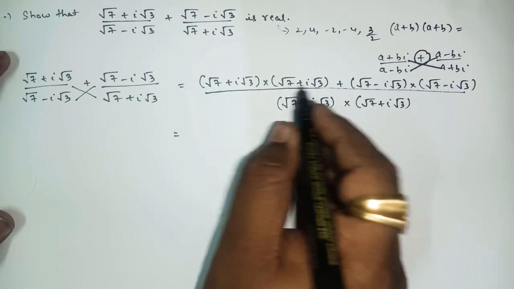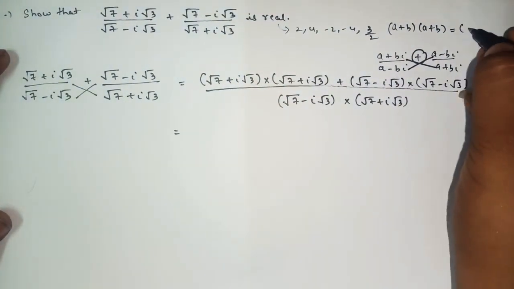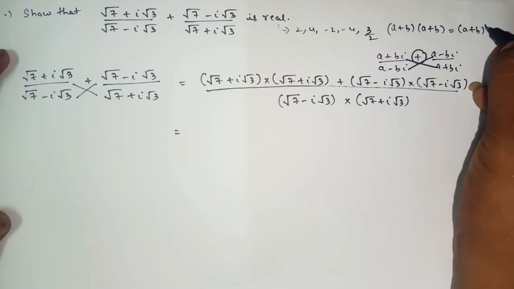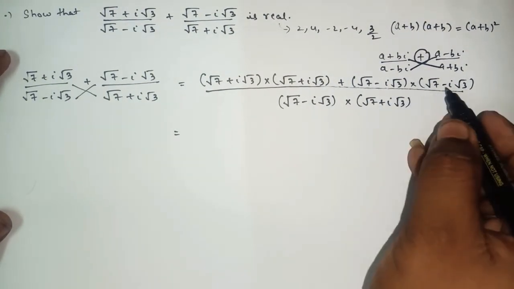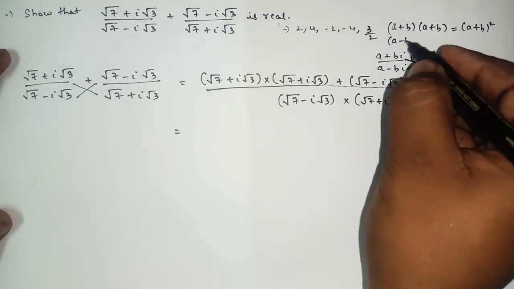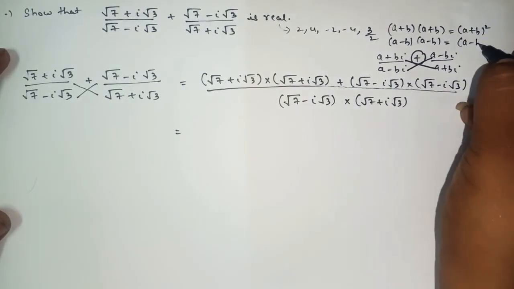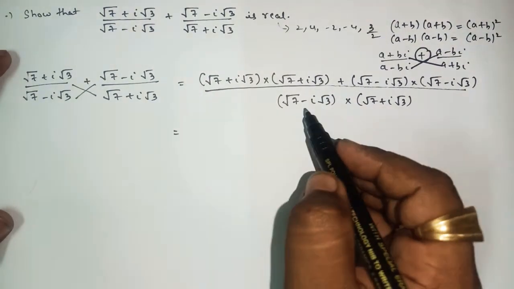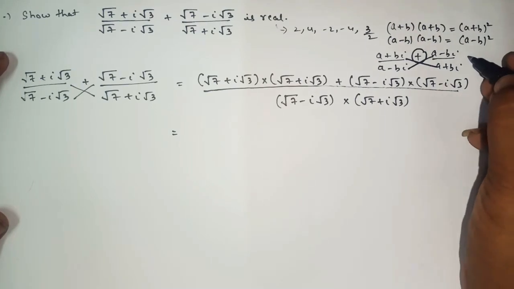So a plus b, a plus b, which we can write as what? A plus b the whole square. Yes or no? And this looks like what? The numbers are the same, even the symbols are the same, so this looks like a minus b, a minus b, which we can write as what? A minus b the whole square. And when the symbols are opposite but the numbers are the same, it looks like what?